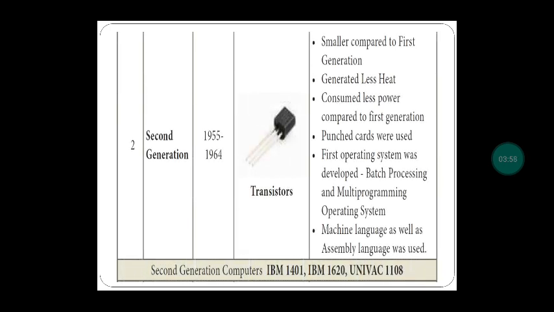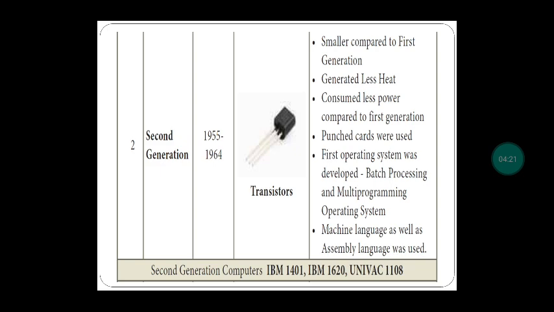The second generation computer years are 1955 to 1964. The main component used in this generation is transistors, and when compared to the first generation, second generation computers are a little smaller, generate less heat, and consume less power.